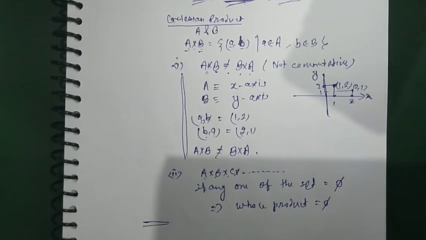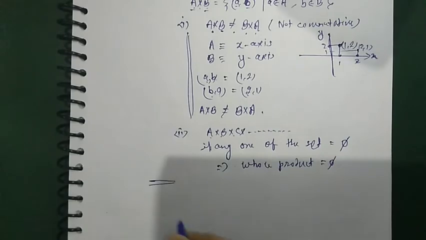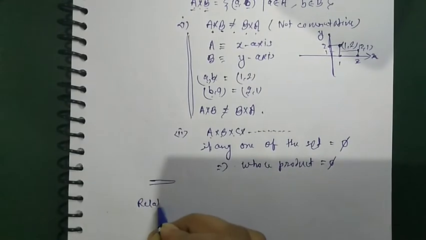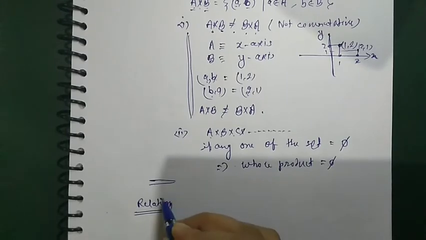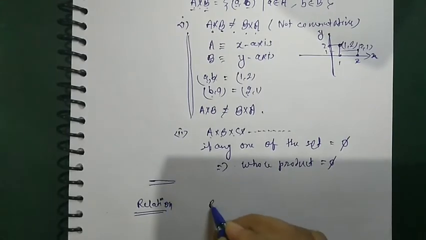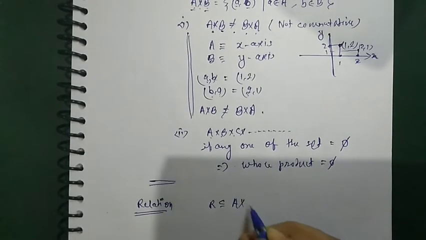Now we are going to see the definition of a relation. Relation is nothing but a subset of the cross product of any two sets.